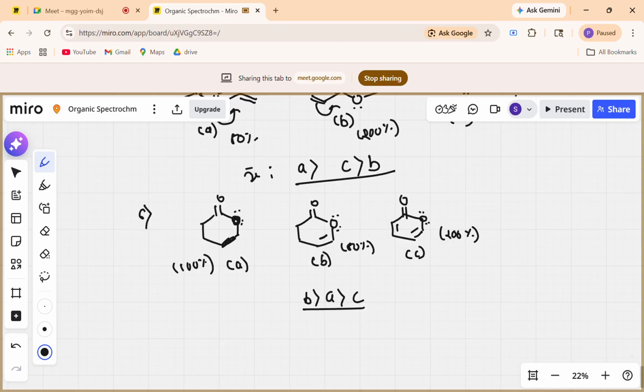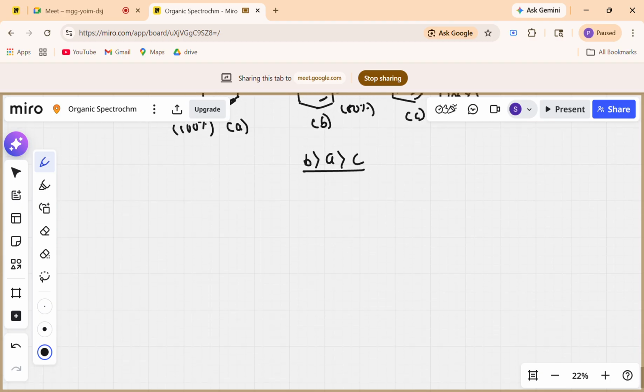B greater than A greater than C. Yeah, correct. So B greater than A greater than C. So now you understood, right?